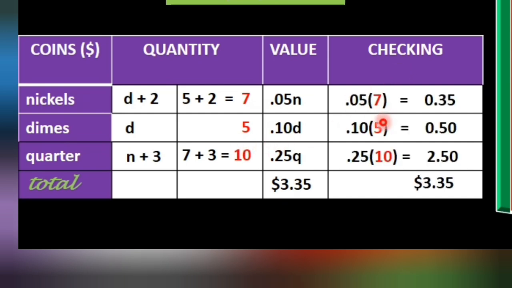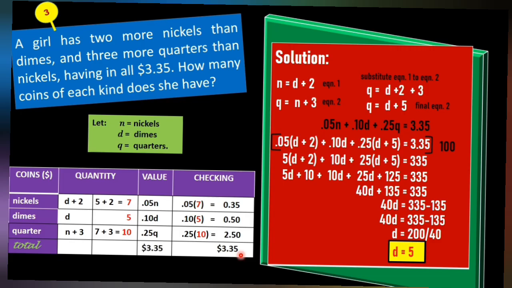Checking. So these are the values and the result. And the total of this one is $3.35. So to the question, how many coins of each kind does she have? So there are 7 nickels, 5 dimes, and 10 quarters.